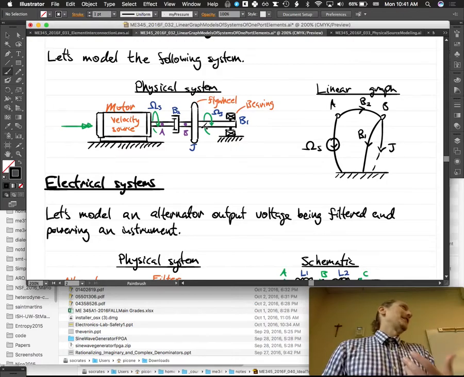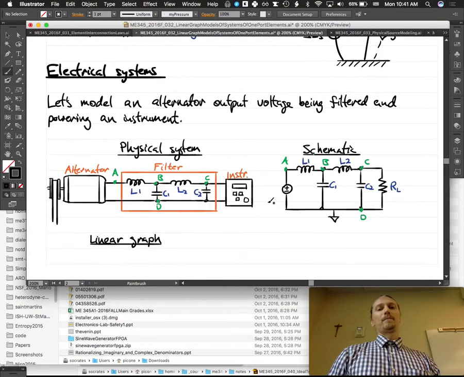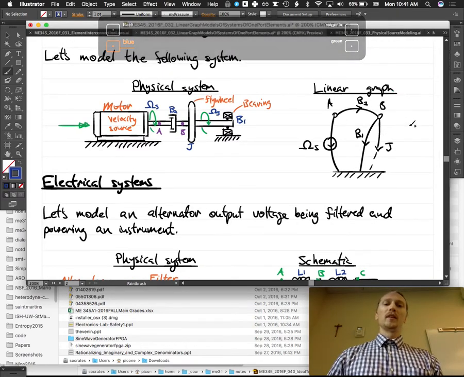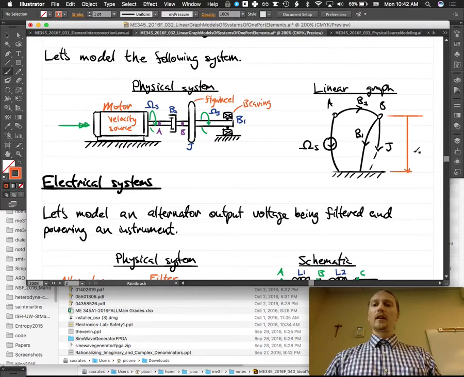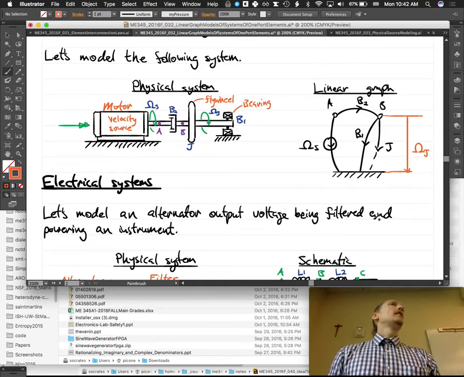I was trying to clarify. If you were to look at this graph, omega J would be the angular velocity drop there. That is omega J from this node to ground. Make sense?